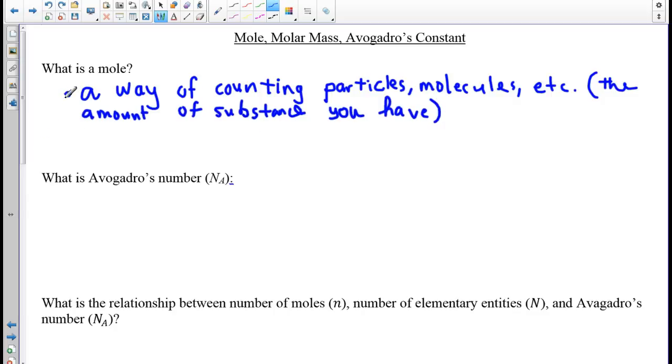And there's another bullet we're going to get which defines a mole, but don't worry about that yet.